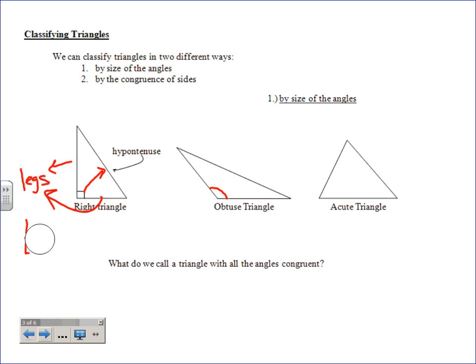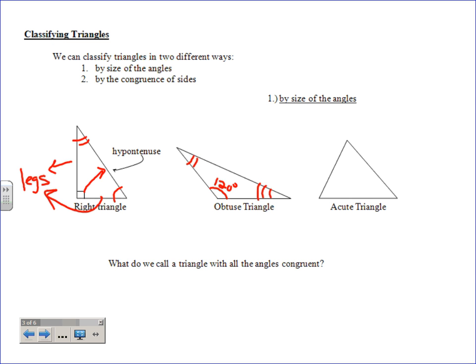Between what 2 measures? 90 and 180, very good. So maybe that one right there is 120, who knows? Can a triangle have more than one obtuse angle? No, it cannot. If that one right there is obtuse, we know the other 2 have to be acute, right? We don't know they're congruent necessarily. So we can only have one obtuse. Same thing over here. These other 2 have to be acute, right? And so that's how you would make it obtuse if it has one obtuse.